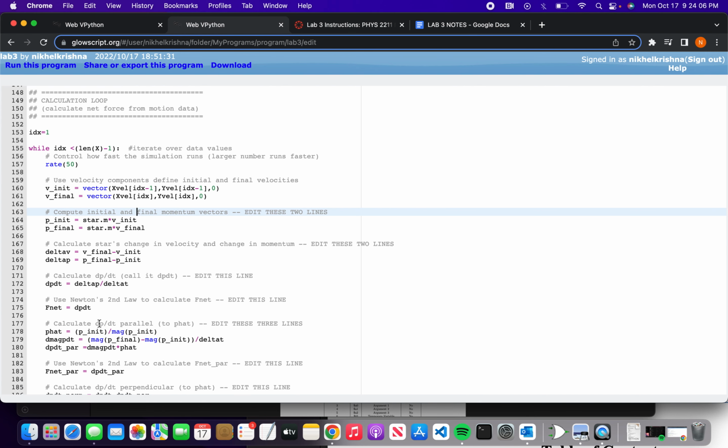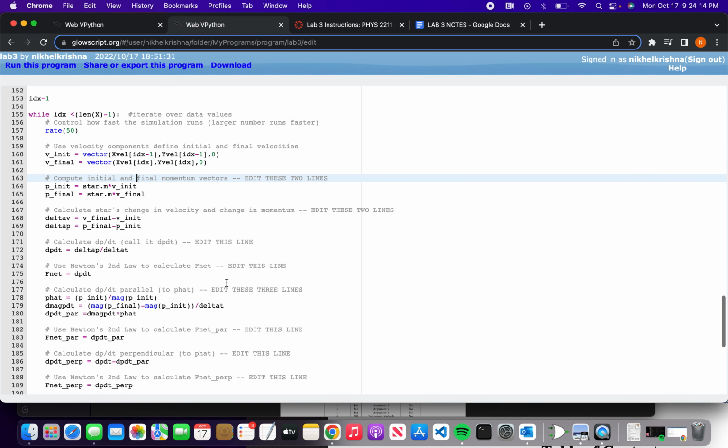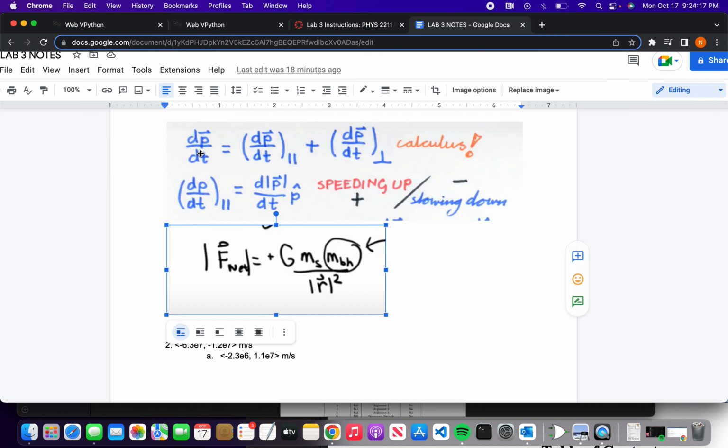To calculate our parallel component for dp/dt, we use the equation mentioned before, and the perpendicular component is simply the vector minus the parallel component.